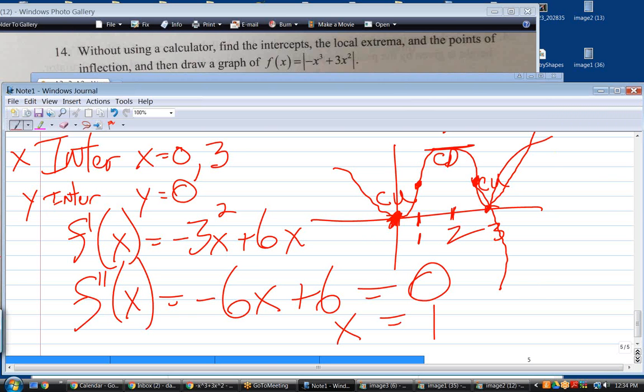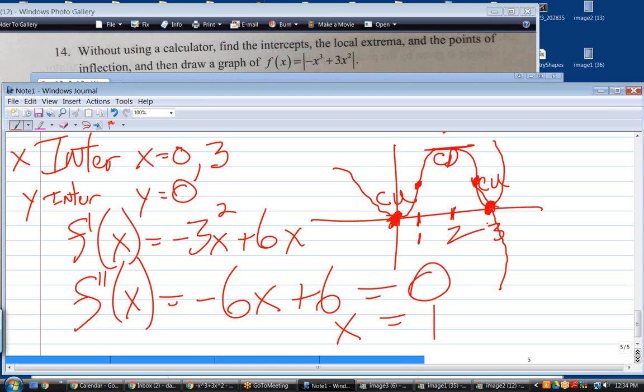It goes the other way. It's perfectly reflected, so it would be concave up. But that's still a corner or a cusp, and so we do go from concave down to concave up, but it's at a cusp.